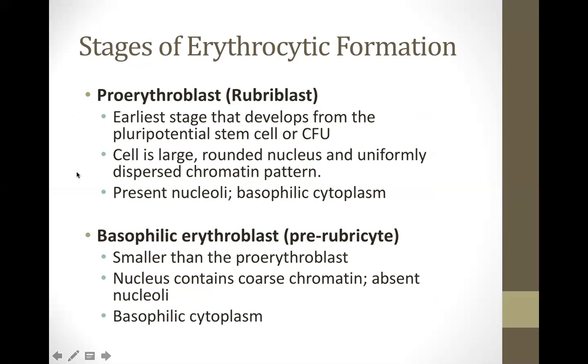Okay, blue. So, this is the proerythroblast or rubriblast. Next is your basophilic erythroblast or your pre-rubricyte. This is smaller than the proerythroblast. The nucleus contains coarse chromatin. There is absent nucleoli, and still it has a basophilic cytoplasm.